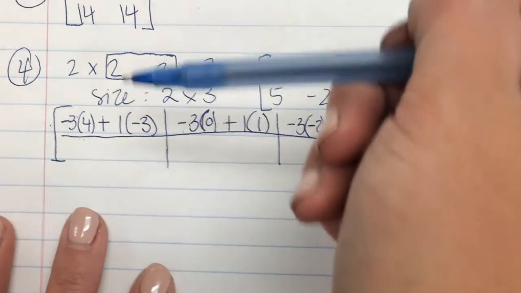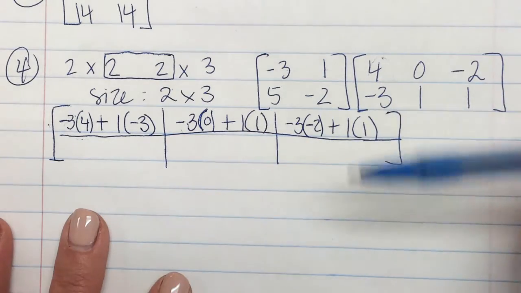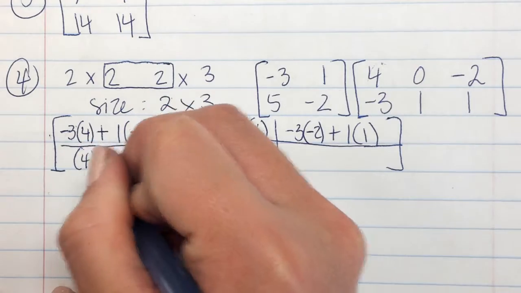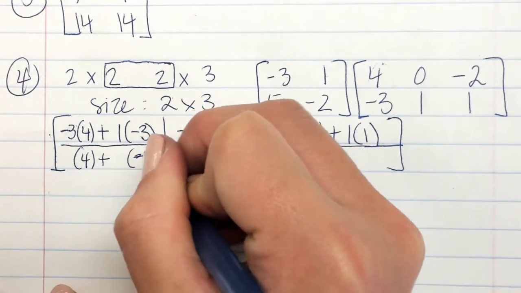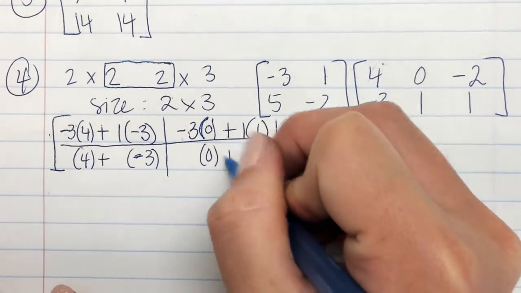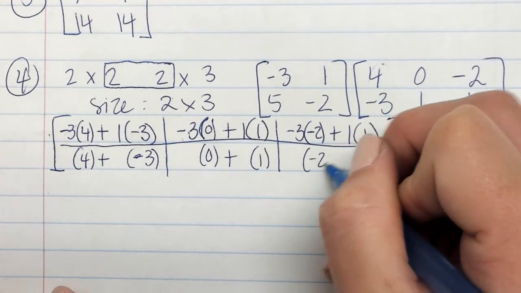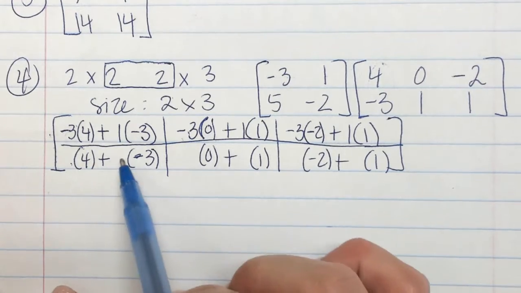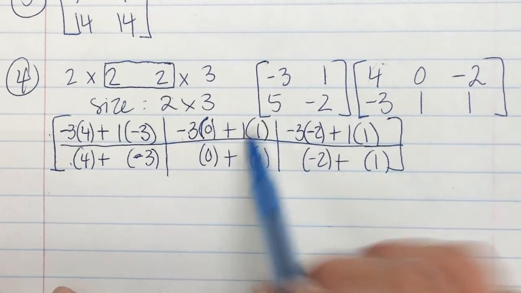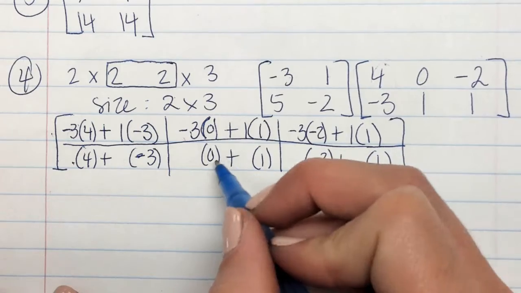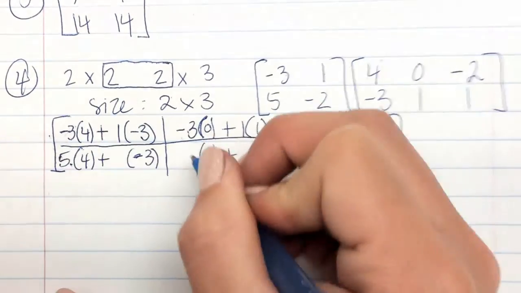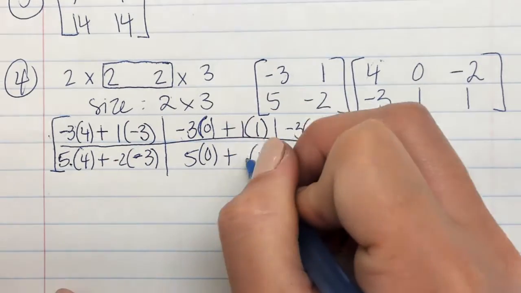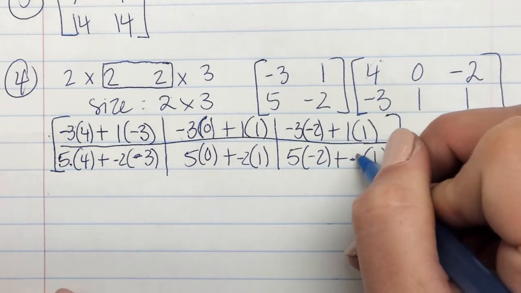Alright, now looking up and down, what numbers aren't going to change? Good. The ones in the parentheses are not going to change. We can bring those down. Now tell me all the numbers we're going to put first. In front of all of the first ones is going to be a what? 5. Good. In front of all of the second ones? Good. Go ahead and finish it on your own.